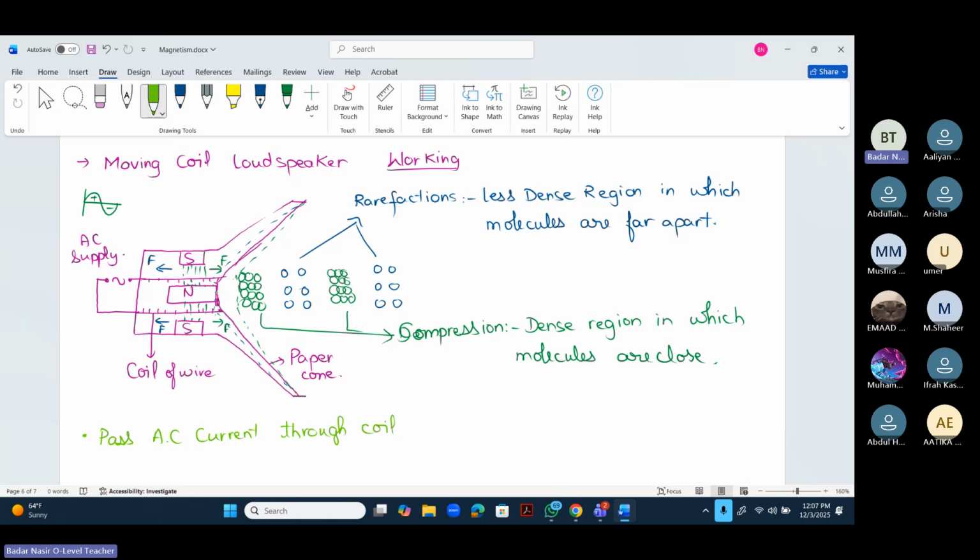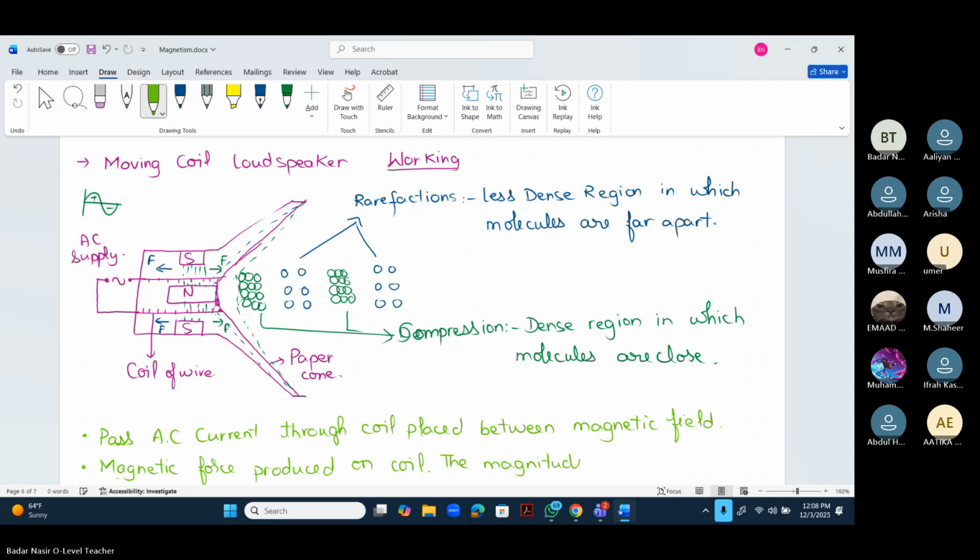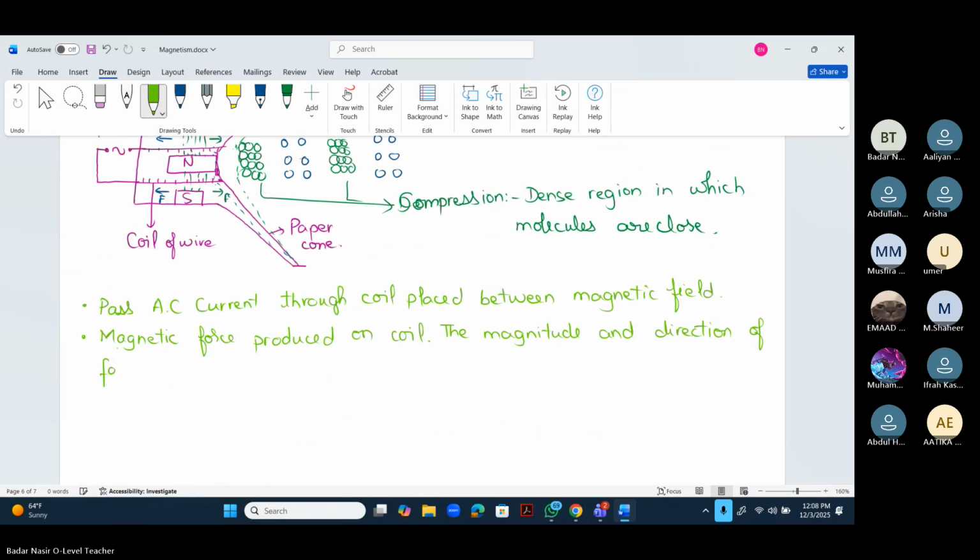Acha, when you pass the AC current through coil placed between magnetic field, ठीक है, सो अब आप ये कहोगे कि मैग्नेटिक फोर्स प्रोड्यूस्ड ऑन कॉइल। ठीक है, अब आप ये कह सकते हो कि द मैग्नीट्यूड एंड डायरेक्शन of force constantly changing.